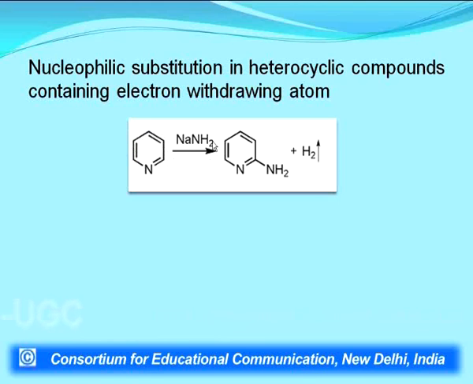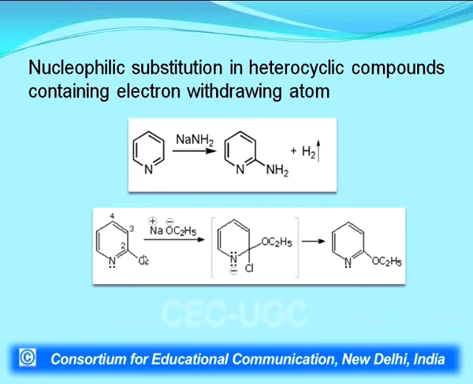And then reagents like sodamide, that is amide ions, act as nucleophile, and a nucleophilic substitution reaction does occur in pyridine, and we get 2-aminopyridine on reaction with sodamide. Similarly, for a chlorine group in pyridine at the 2 position, say 2-chloropyridine, sodium ethoxide can substitute this chlorine by the ethoxy group, and we get 2-ethoxypyridine.